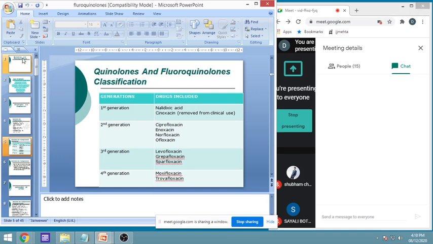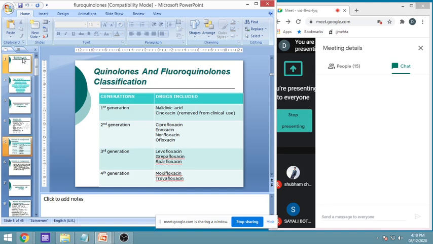We have classifications of this. The first generation was nalidixic acid and cinoxacin. Cinoxacin is now removed from clinical use because of adverse effects, and other good agents are available. Second generation, which was again very common, the first one was norfloxacin.